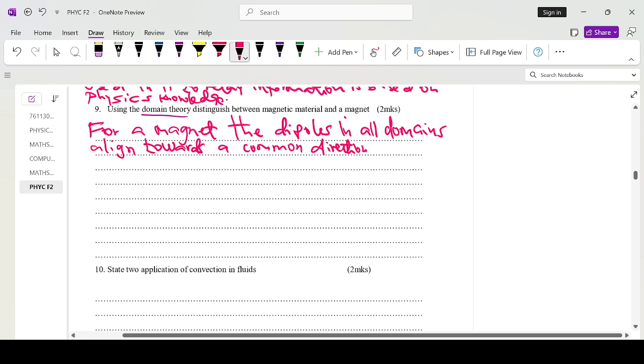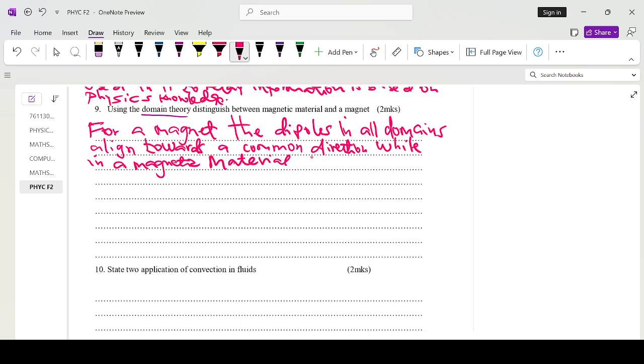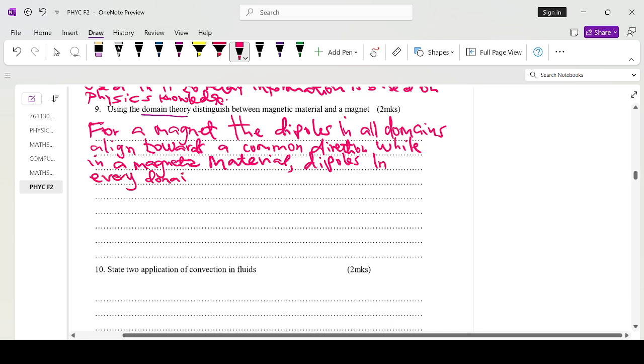While in a magnetic material, the dipoles in every domain are aligned in different directions.